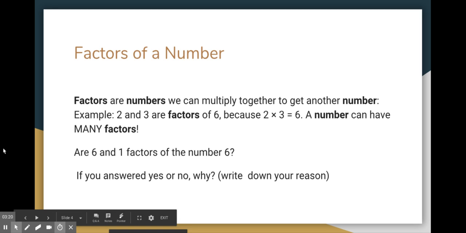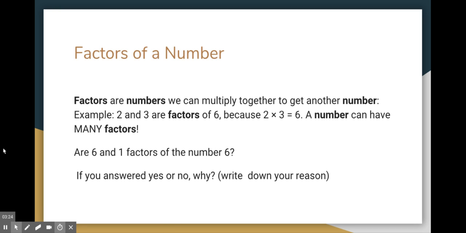If you agreed with Juanita that the answer is yes, because you could multiply 6 times 1 and get the number 6, you are correct. Kudos to you. Now we'll move on to multiples.